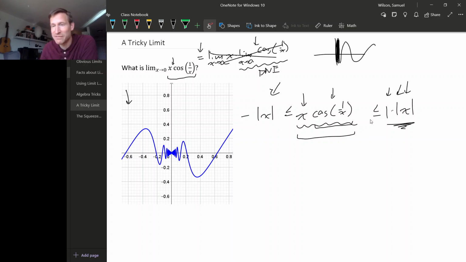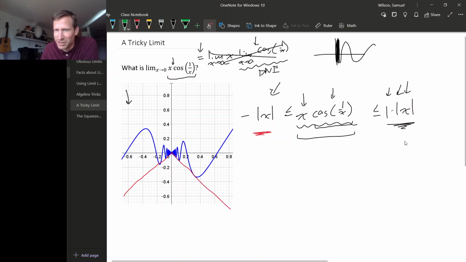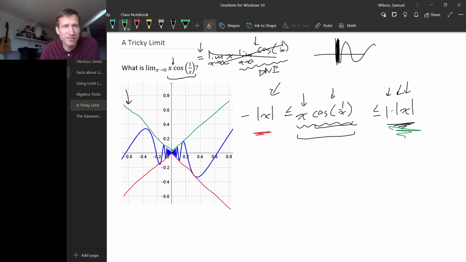If we graphed these two functions, the one on the left, negative absolute value, looks like this. And the one on the right, I'll do it in green, absolute value of x, looks like this. And you can see that our graph is stuck in between these two.